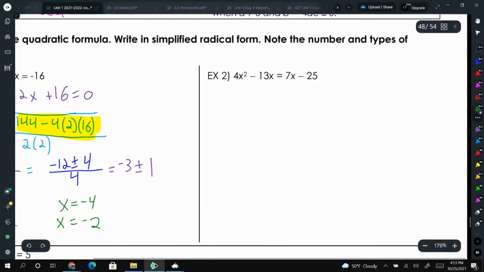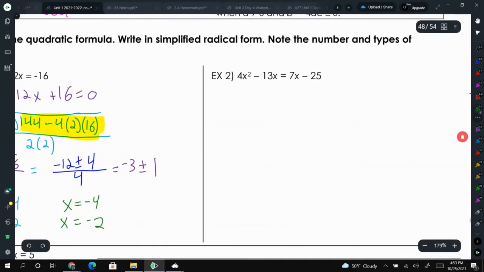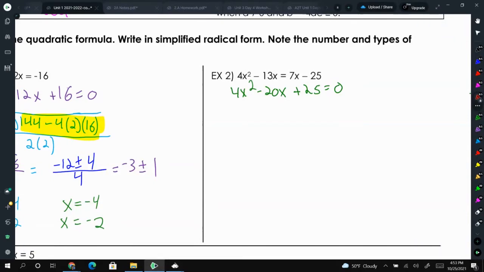All right, now looking over here at example number 2, we have to, again, make this equal to 0, so we'll subtract 7x from both sides, so 4x squared minus 20x, and add 25, so plus 25 equals 0. Now we can go through and use the quadratic formula.